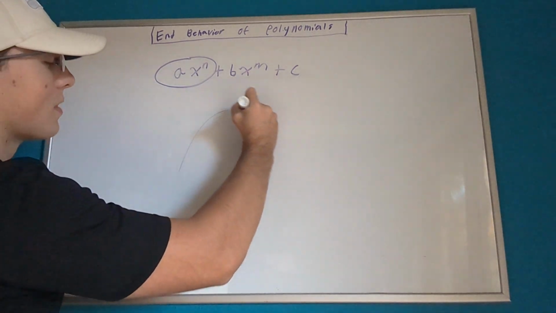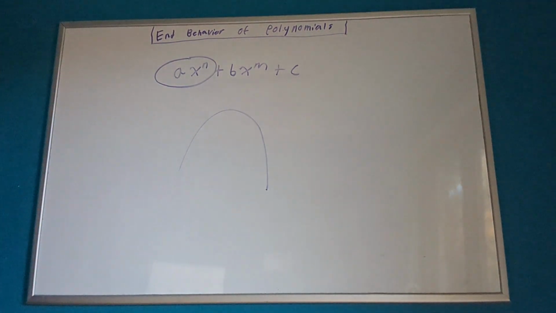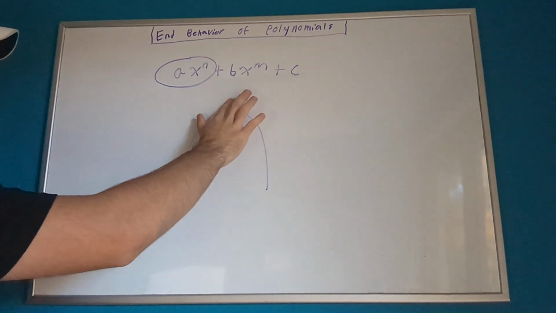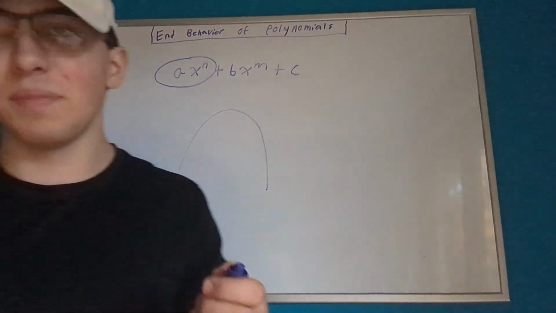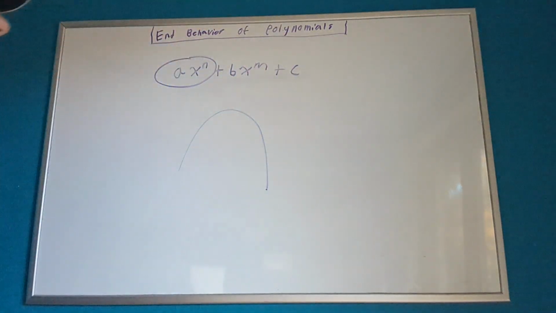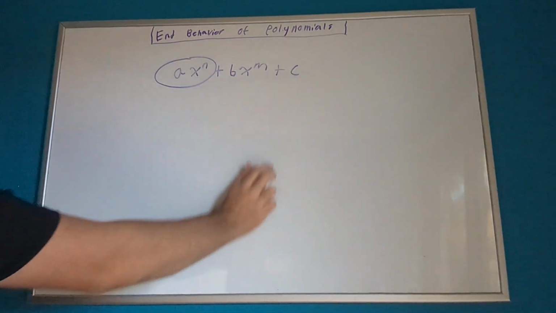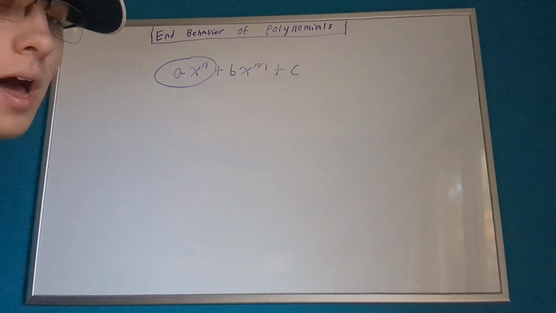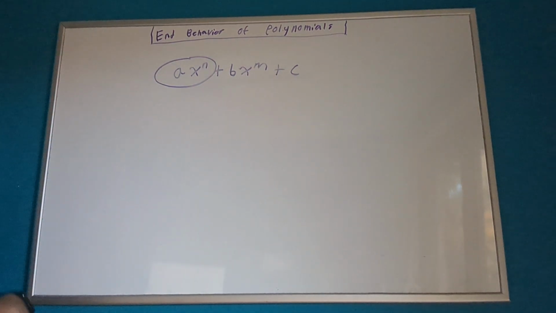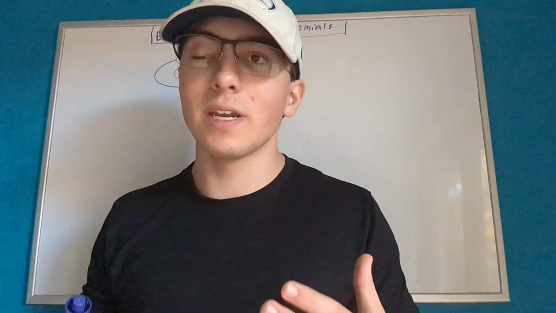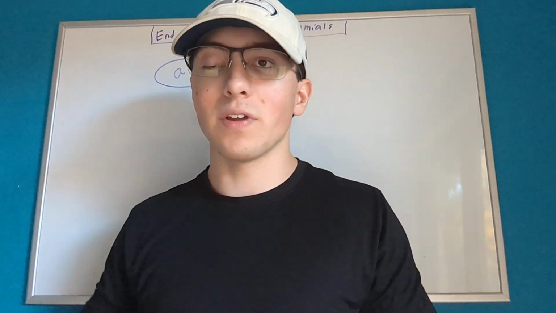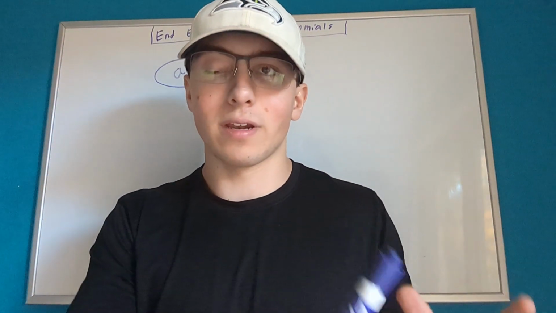Then we can also say if n is even and a is negative, it'll look something like this. Then in both cases, when x approaches positive infinity and negative infinity, the end behavior will be negative infinity. Then if n is odd and a is positive, as x approaches positive infinity, the end behavior will be positive infinity, and as x approaches negative infinity, the end behavior will be negative infinity.